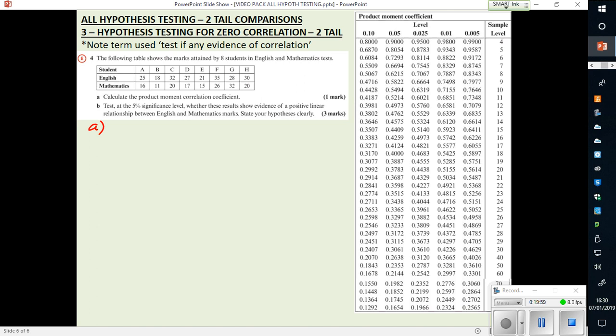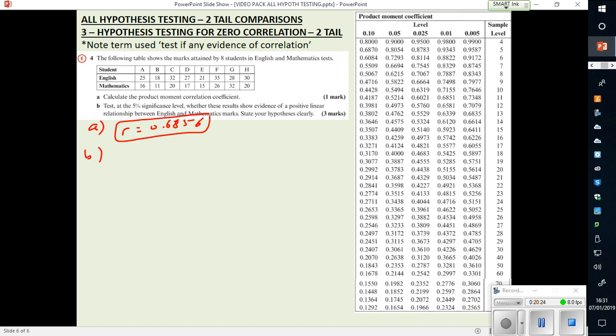So this is 16, 11, 20, 17, 15, 26, 32, 20. Okay, options 4, and we get R is 0.6856 to 4 sig fig.